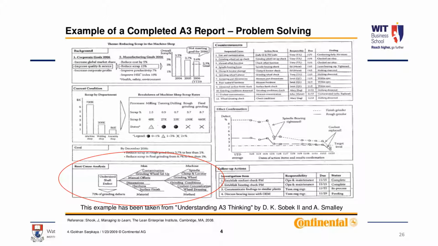Then using their fishbone diagram root cause analysis, they've identified the man, machine, material, and method, each of those branches of that fishbone diagram. So one of the quality lean tools, and they've investigated that further and presented that analysis as well. And again, it's in visual form, so it can be easily seen and easily read.